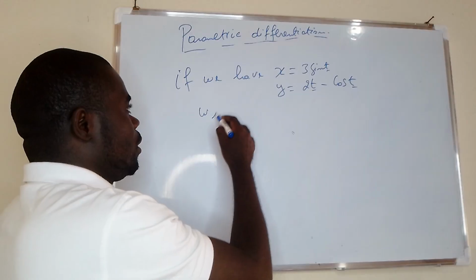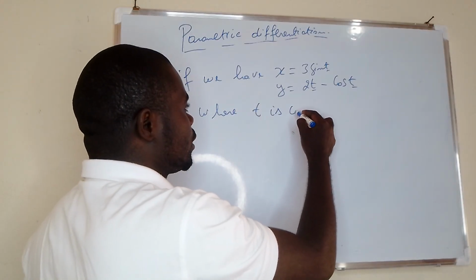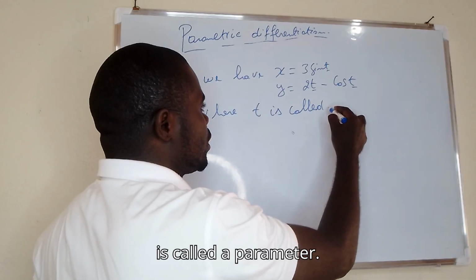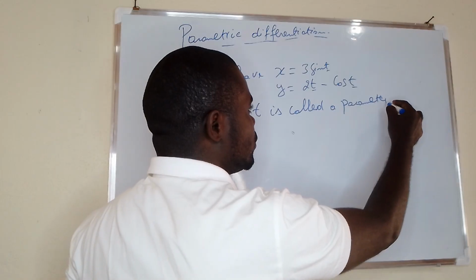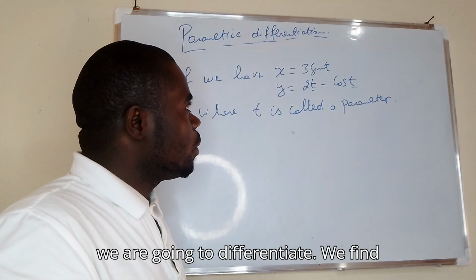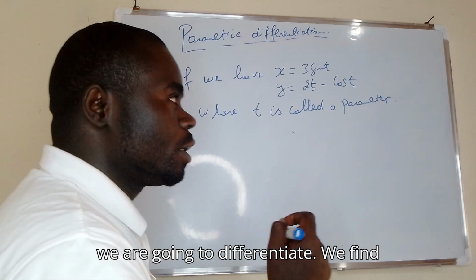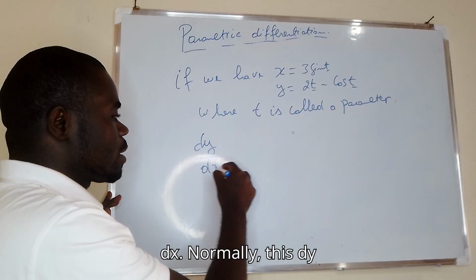We say that t is called a parameter. So now when I'm going to differentiate, we find dy/dx.